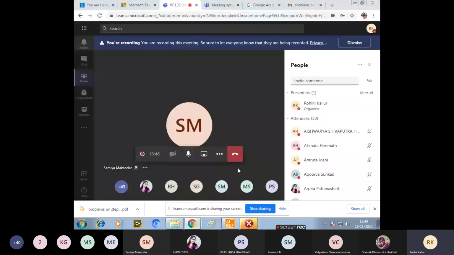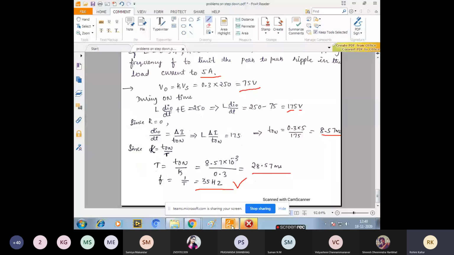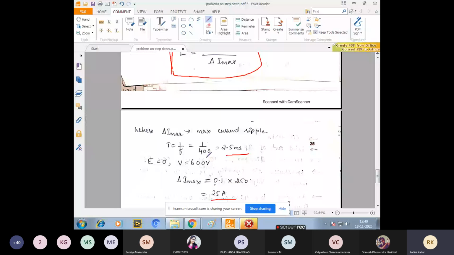So, yesterday's class we have done problems on step down chopper, step up chopper with R load. Today's class we have done step down chopper with a RL load.